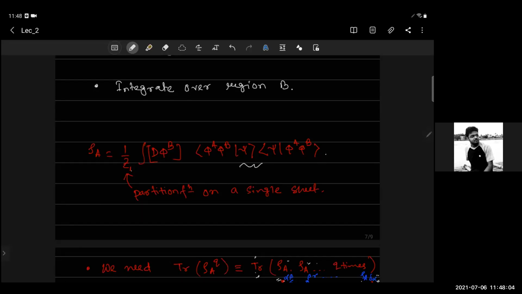When you multiply q such times, this has an index alpha beta, then another copy would have beta gamma and so on. Finally, you have gamma alpha, which matches with this one. And the phi field is integrated over the entire B region of the q-fold connection. Is it okay? Yeah, it's fine. Thanks.